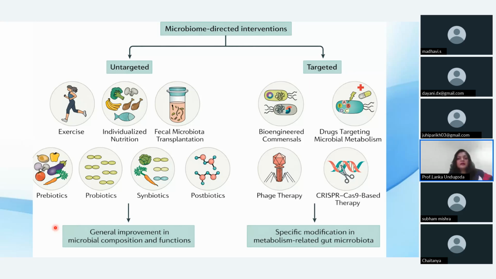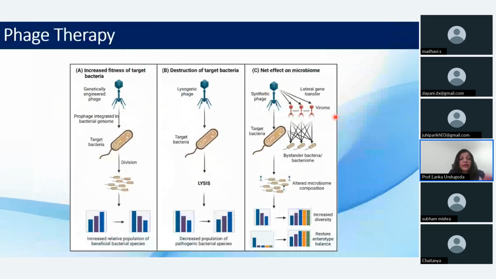Other than that, the targeted concept every time is with bioengineered commensals. Nowadays we are practicing phage therapy and CRISPR-Cas9 strategies. I will explain all these things. First I would like to move to phage therapy.